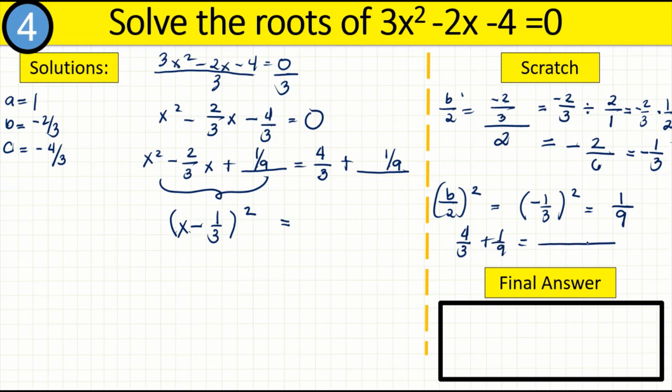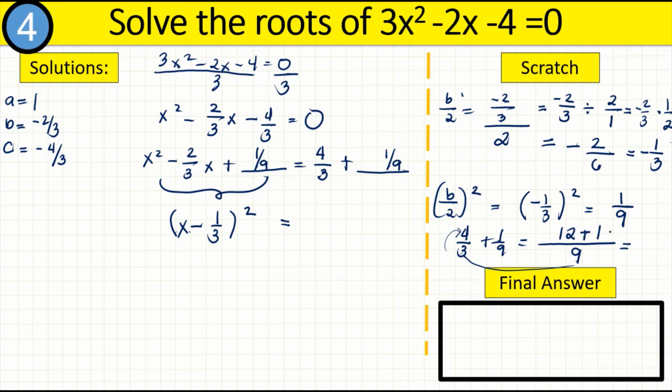So, kunin natin ang LCD. What is the LCD of 3 and 9? The LCD is 9. Then divide, multiply. 9 divided by 3 is equal to 3. Diba? Times 4 equals 12. Okay, and then plus 9 divided by 9, that is 1 times 1 equals 1.